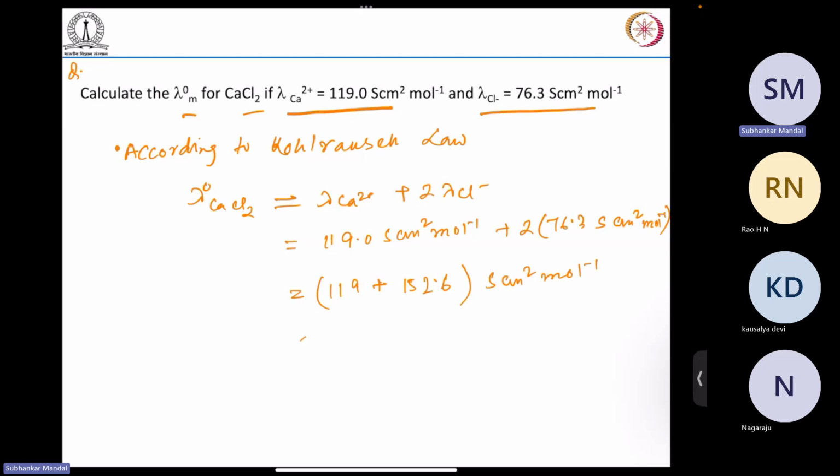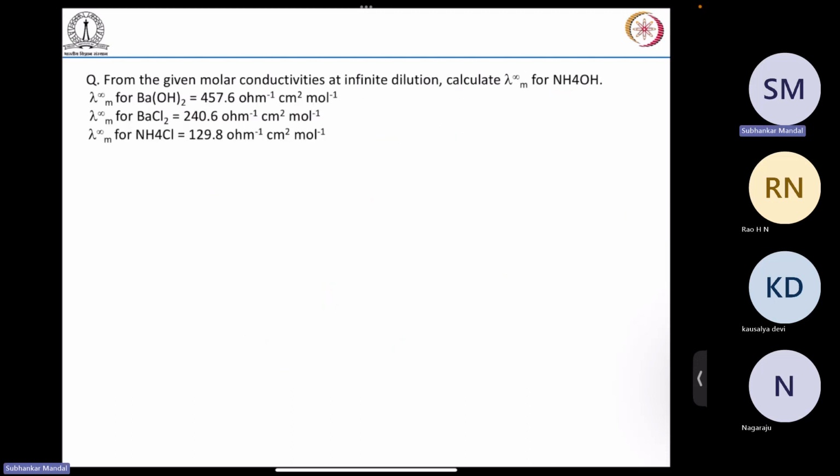Okay, now you can sum these two, and it comes to 271.7 centimeter square mole inverse. Okay, so that value we have to calculate, and the things are given, so it is quite easy. So next thing we can discuss.